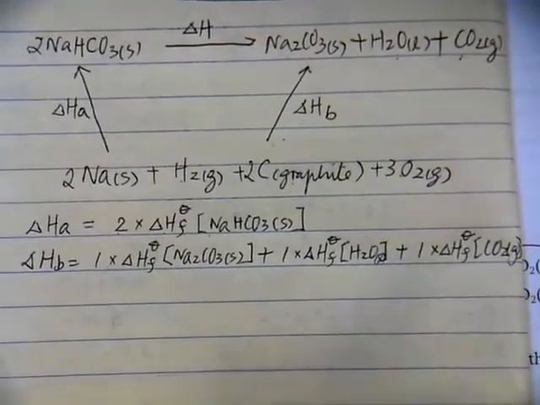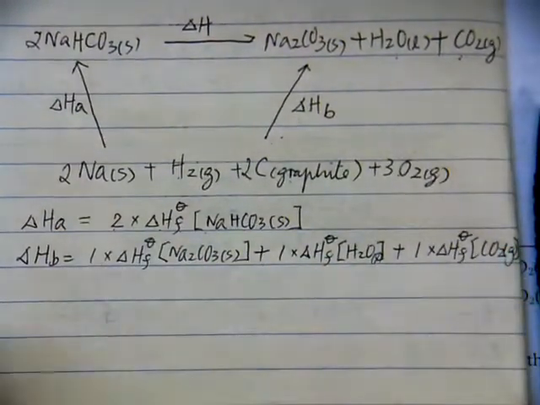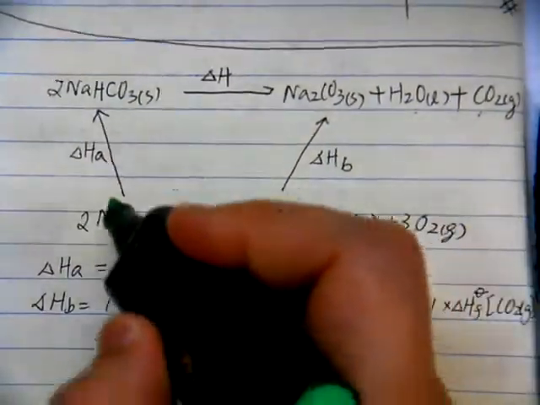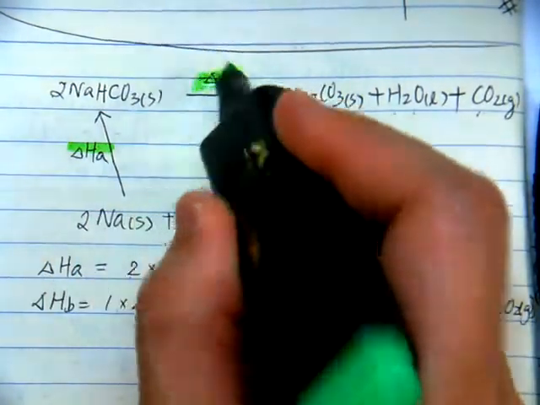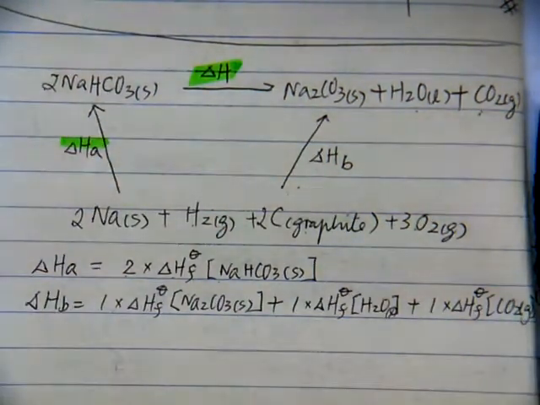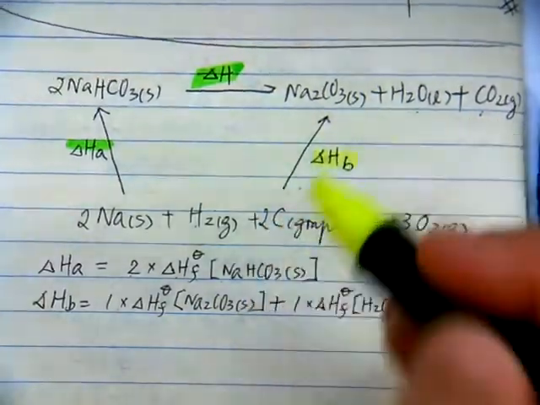Finally, use Hess's law. Hess's law states that, now please analyze the arrow. Follow this arrow clockwise. In other words, these two belong to the same route. However, this arrow is anti-clockwise.